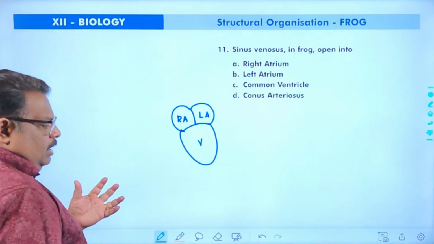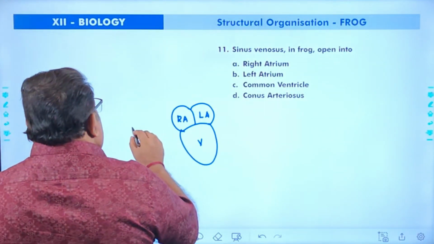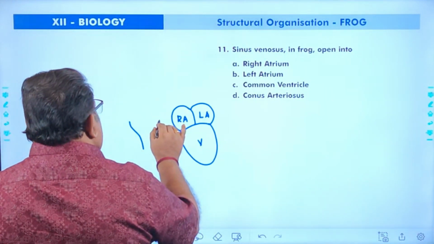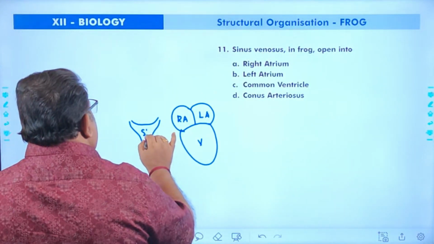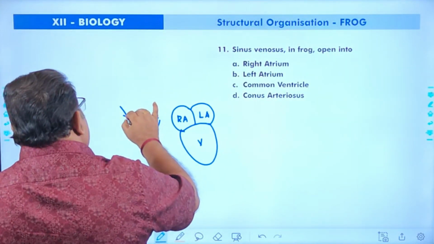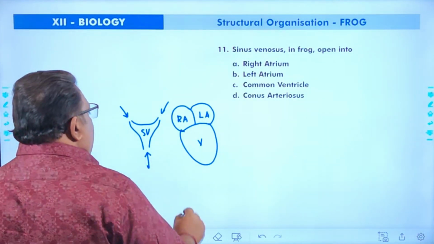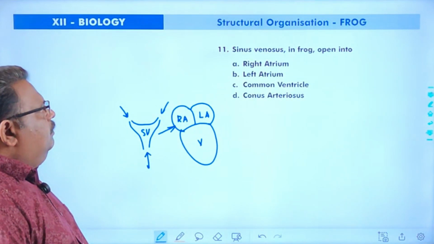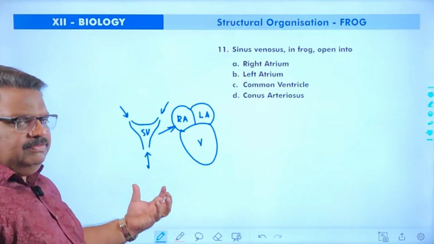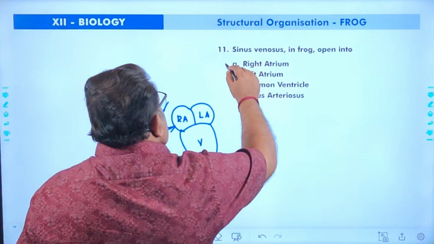The deoxygenated blood collected through vena cava veins is first collected by a bag-like structure called sinus venosus. These are the precaval veins, and this will be the postcaval vein. The sinus venosus opens into the right auricle, the right atrium.